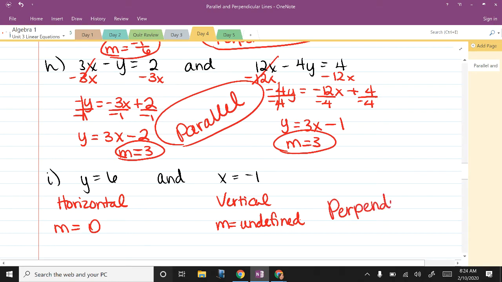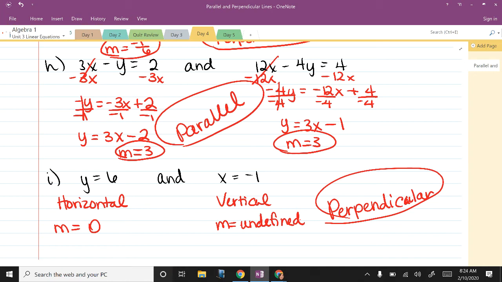Think about the x and the y axis. That's a horizontal and a vertical, isn't it? Perpendicular. If they're both horizontal or both vertical, they'd be parallel, but one of each are perpendicular. Does that make sense?